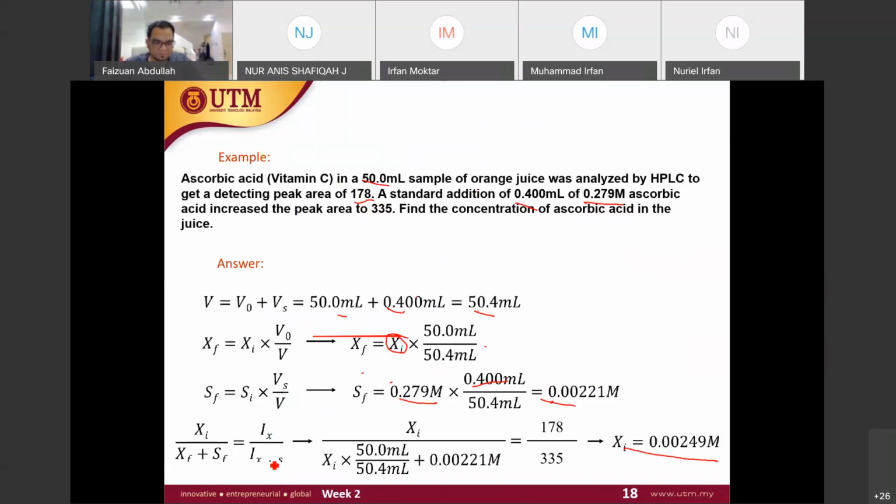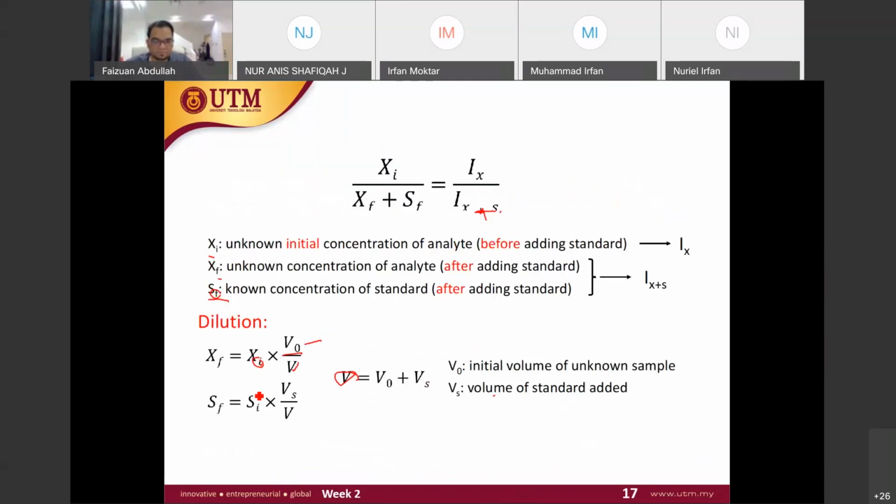Ix plus S. X plus S. This one, right? Unknown concentration of analyte and known concentration of the standard.